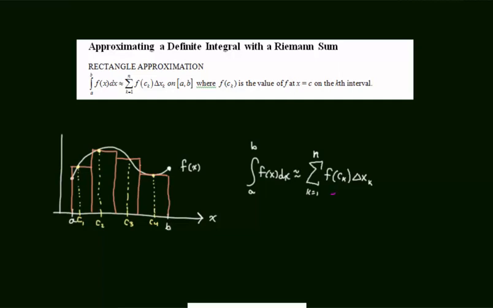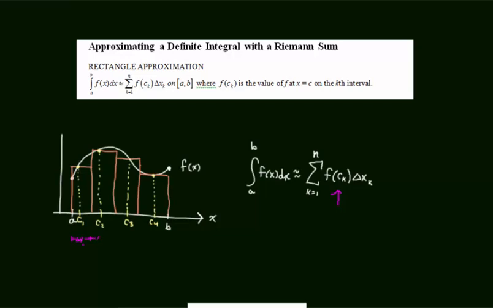Also interesting to note that in the event that my curve was under the x-axis, then each of these f values would be negative, and then the sum would still approximate the definite integral. At the bottom, you may want to label what I mean by change in x. So this is change in x of the first rectangle, so that's change in x1.